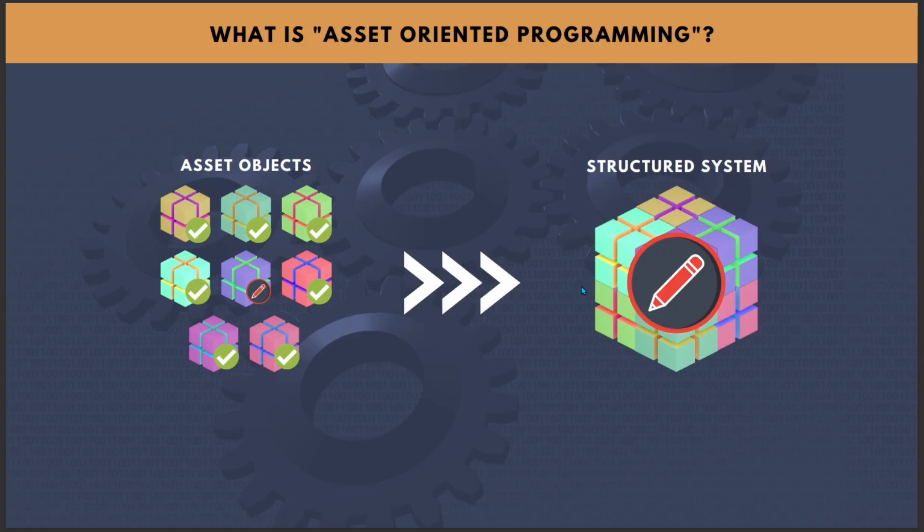So if you have say a basic containerized sand filter, which has 4 different instruments and a pump, for example, they are made up of your asset objects. They come together with additional logic and interlocks and things like that to create a structured system.